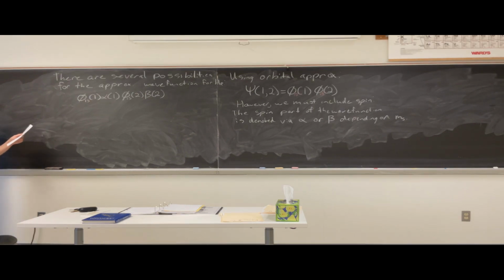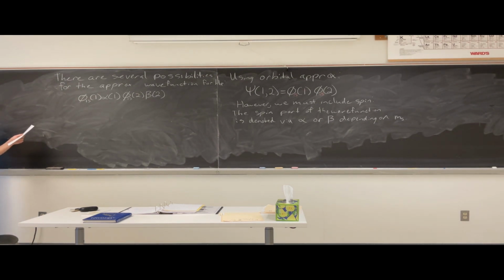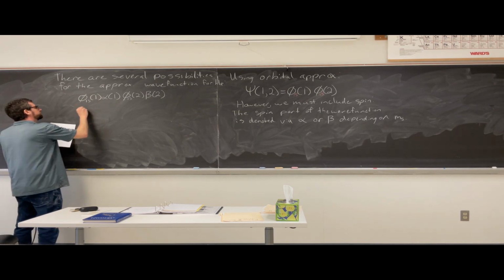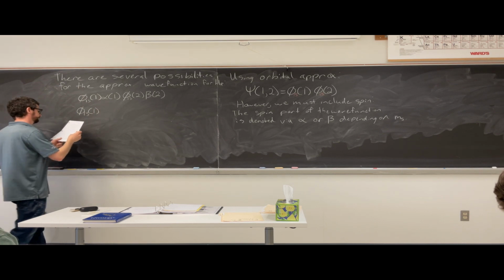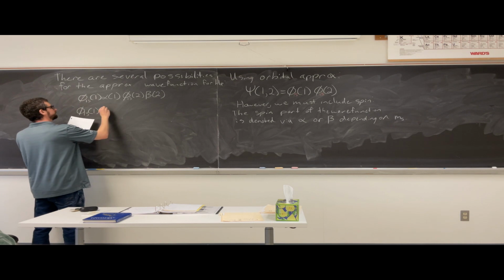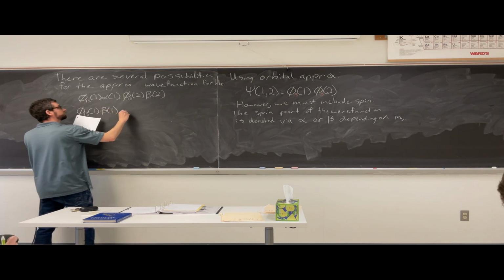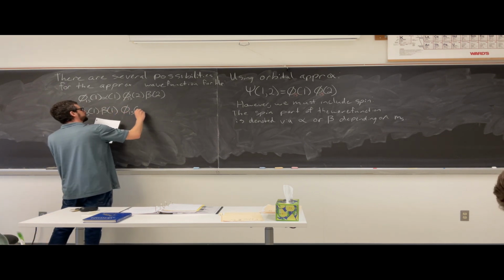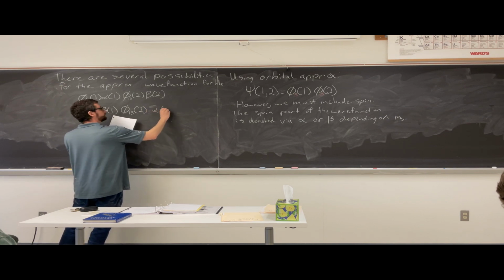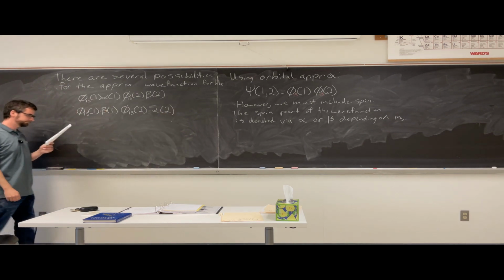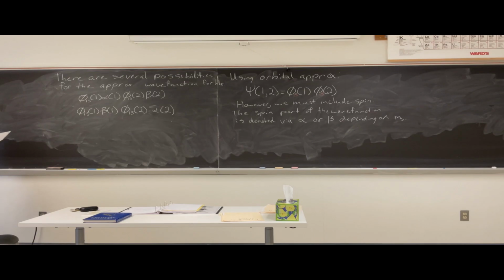Okay, what else could we have? The other way around. Where one is beta and two is alpha. Mm-hmm. What other possibilities could we have?